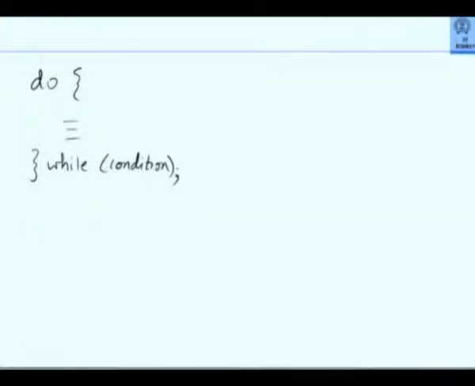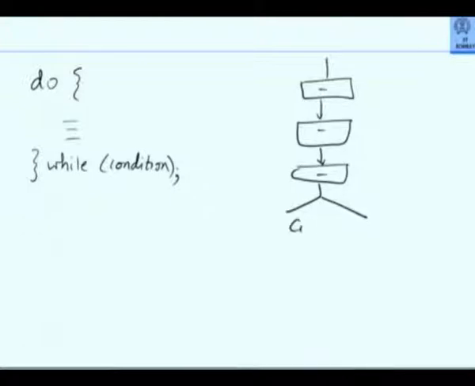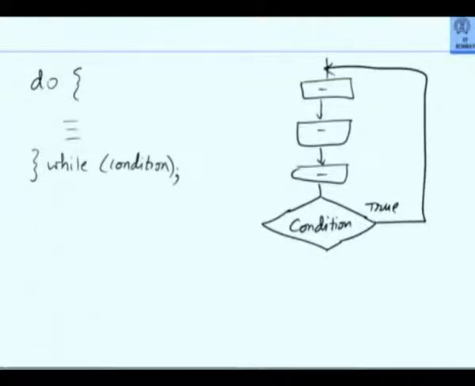This statement actually has this something followed by something followed by something done first, then there is a condition check. And if the condition is true, you go back here. If the condition is false, you come out here.